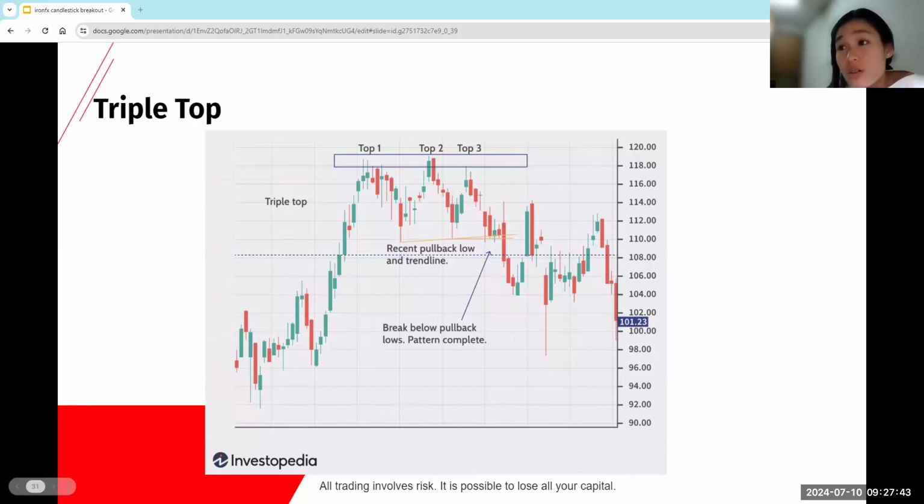So as the price falls, which we see here, recent pullback low and the trend line, it then puts pressure on all the traders who bought during this pattern to start selling. So if the price can't rise above that resistance, then there is limited profit potential in holding onto it, obviously.